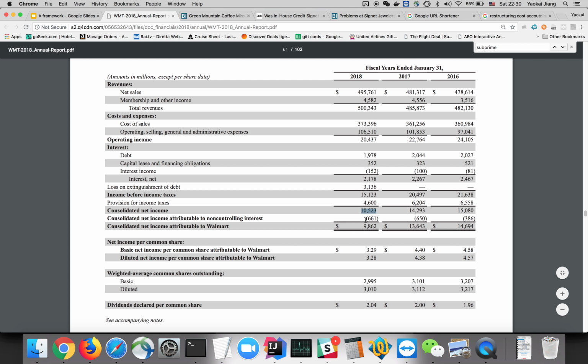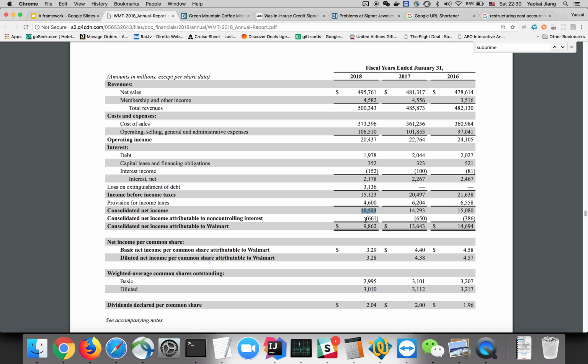But then, because it's a joint venture, the other equity holder is entitled to some of that gain, so that is accounted here. So you basically just subtract the portion that's supposed to be given to the non-controlling parties.